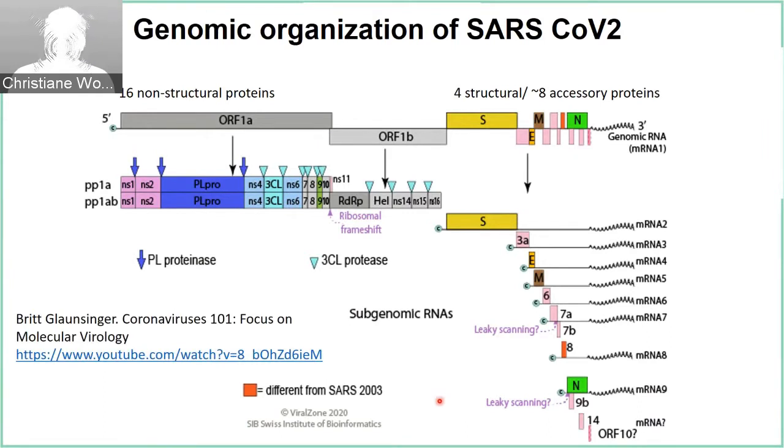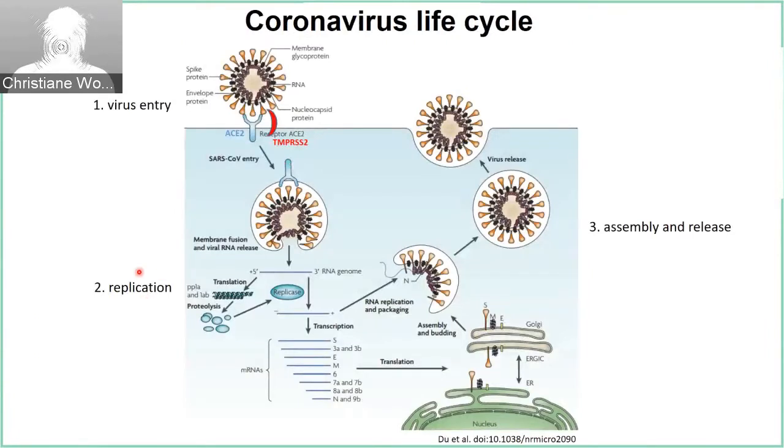If you're interested to learn more about how these various proteins and the mRNAs encoding them get expressed, there's a 1-hour YouTube video from Britt Glaunsinger that goes into more detail. Now, for today's talk, what I would like to do is focus on the steps in the viral life cycle.